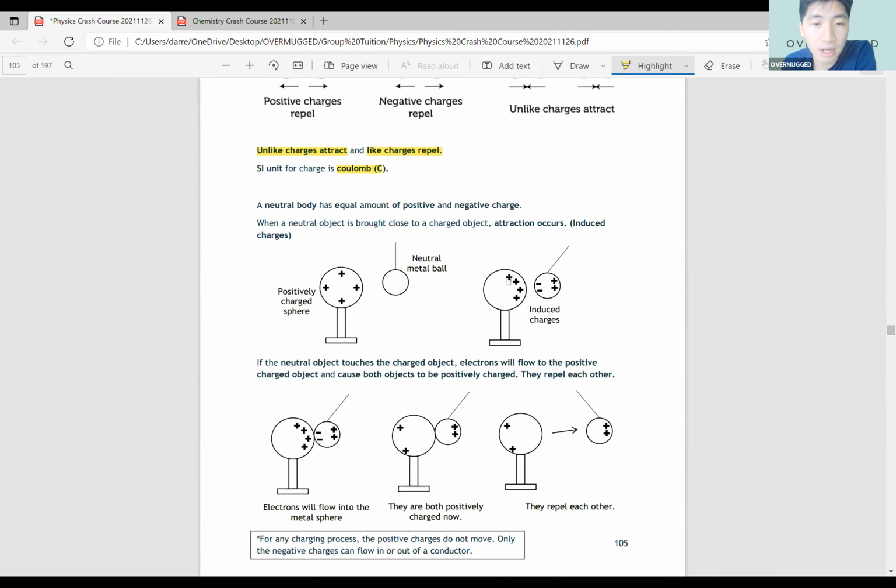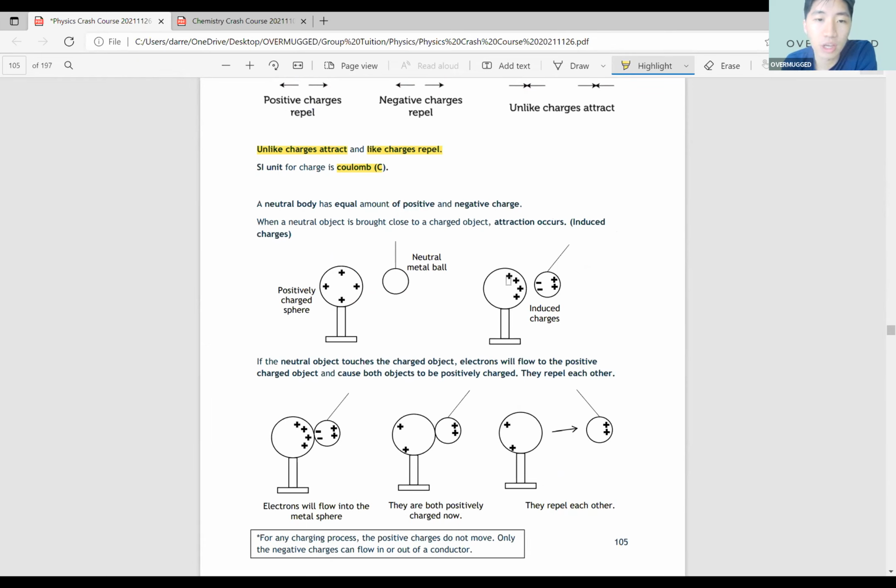All right. Now let's take a look at this situation first. When you have a neutral object with a charged object, what happened here? Can you see? Unlike charges attract. When these 2 attract and they eventually touch, the negative charge moved in.